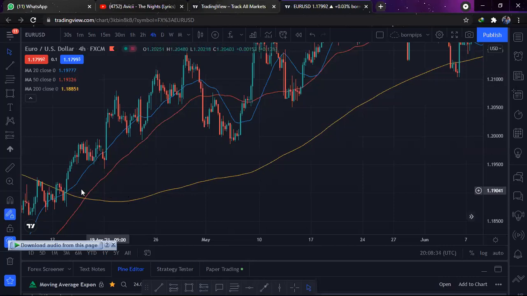Yes, the 50 has crossed. Then we will be looking for buy opportunities when the 20 and the 50 have crossed the 200. When the 50 and 20 cross the 200, price will start closing above the 200. Are you clear now?